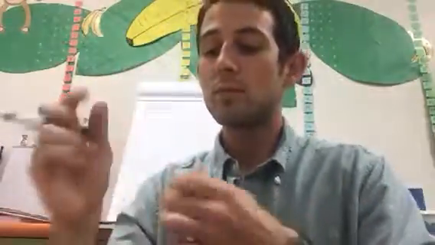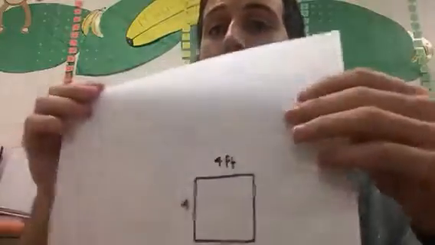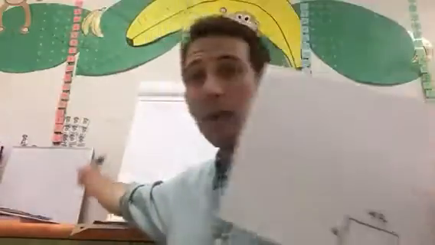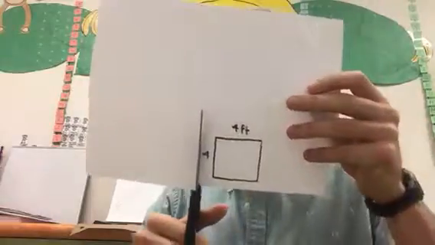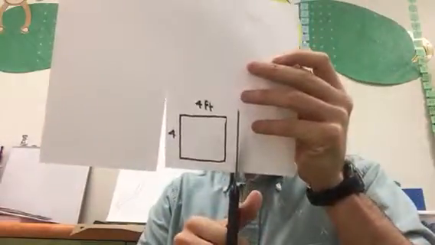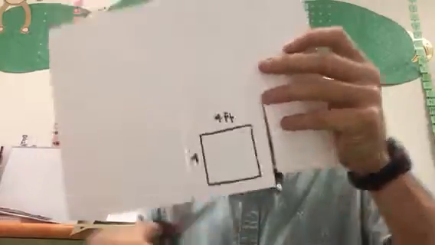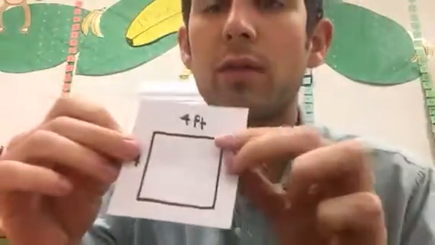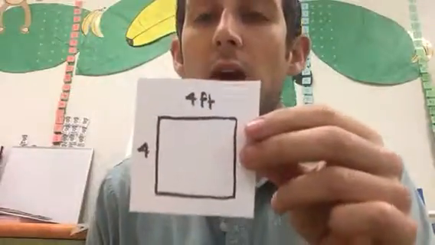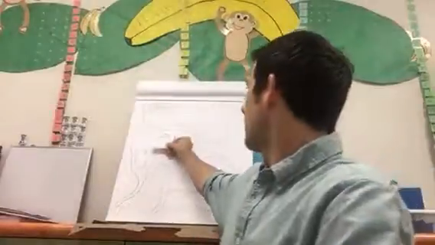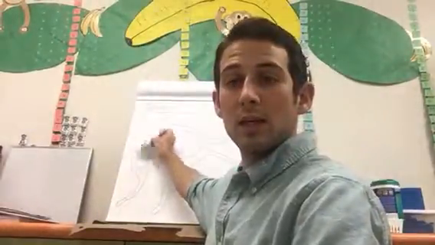Then I'm going to cut out this paper rectangle so that I can put it on my zoo. Now I have a 4-foot by 4-foot square that has a total of 16 feet on its perimeter. And I can put it up here as one of my exhibits.